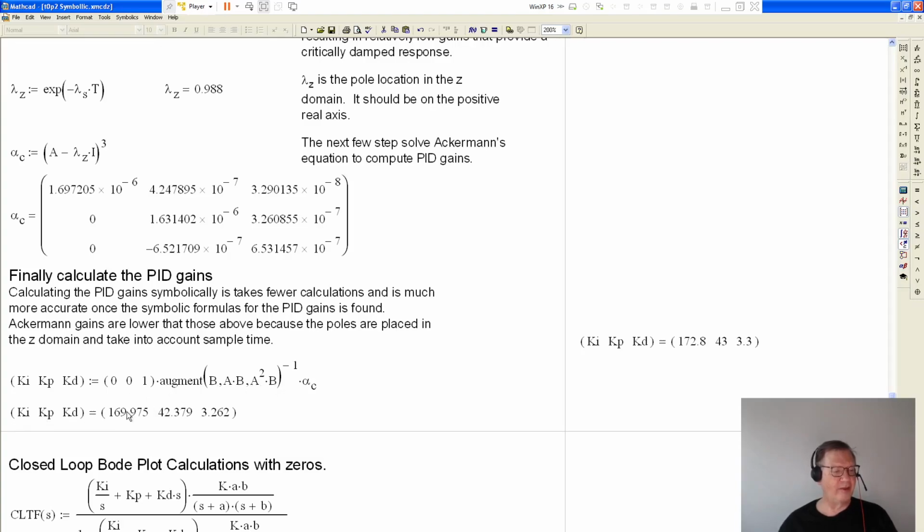And you can see that these gains from the Ackermann method are just a little bit less than the gains that I calculated using the continuous time domain method. Now, these gains will approach those gains as the sampling time gets shorter. So what's happening is that the Ackermann method actually takes into account the sampling time of the controller.